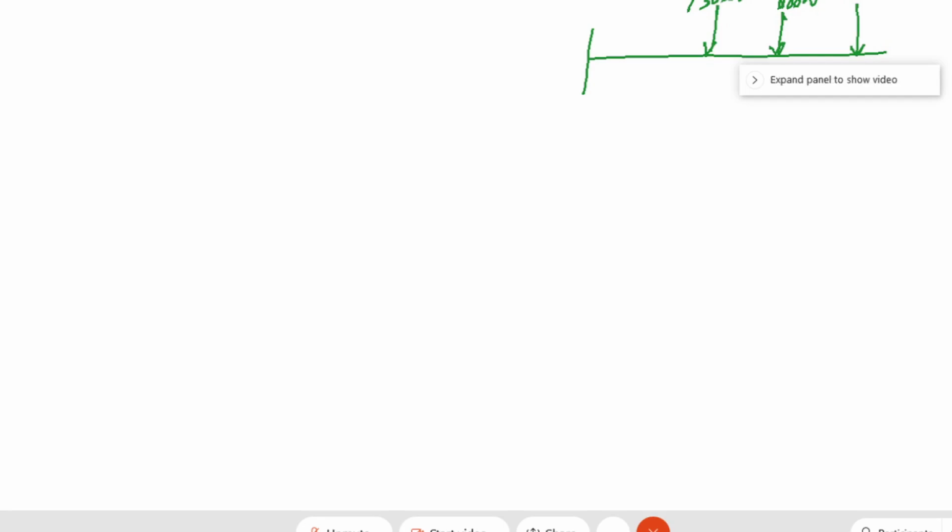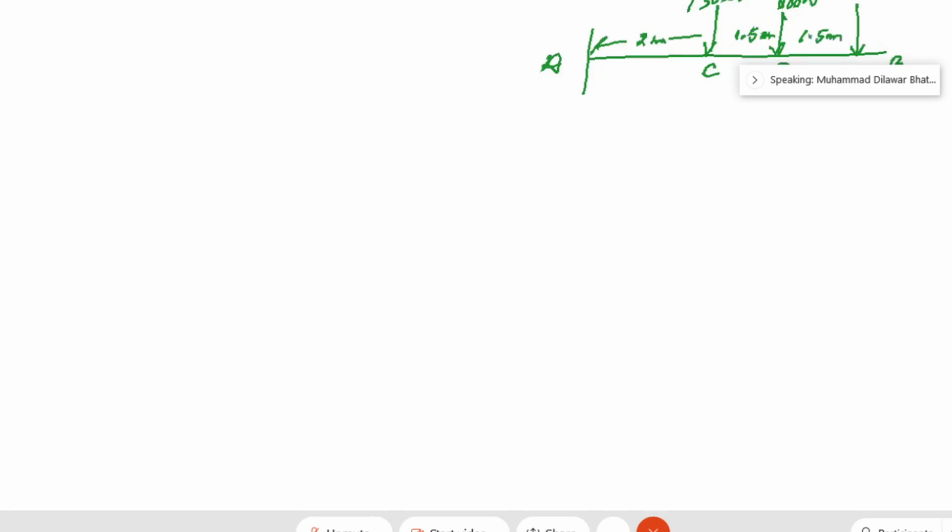Okay, this is the beam, and they are at a distance of 2 meter, for example, the first one is 2 meter. A, B, C, and D. This is, let's say, 1.5 meter.